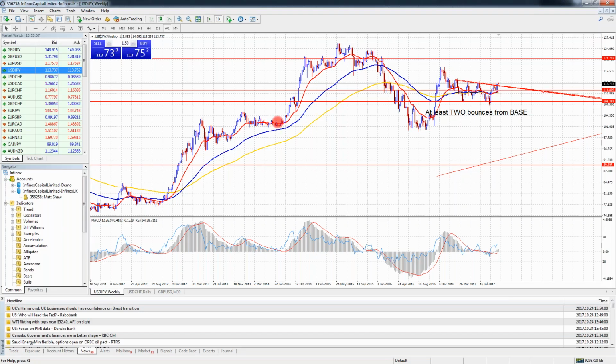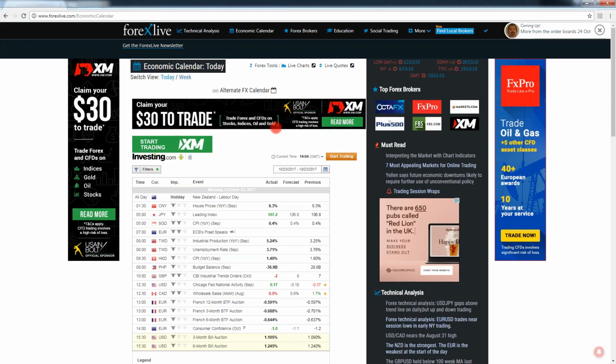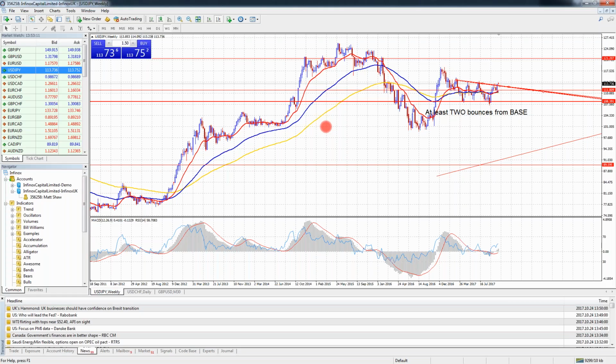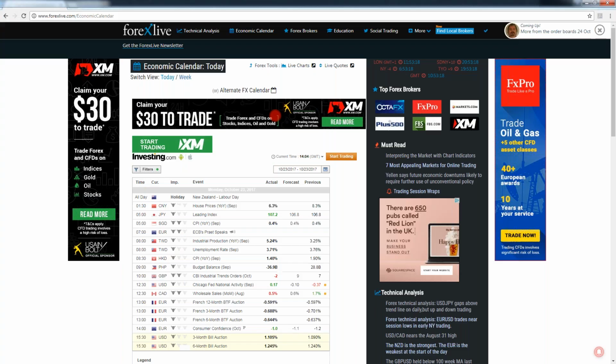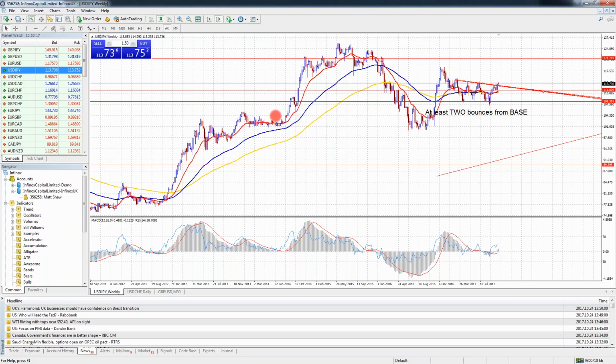Remember, we're looking at a very long-term time frame here and for a potential longer-term trend or longer-term break. So this is why I'm going back longer on my chart to assess this and why it's happened. If I was on a daily chart, I'd only go back a couple of months, but I'm going back a couple of years because we're assessing a weekly chart.